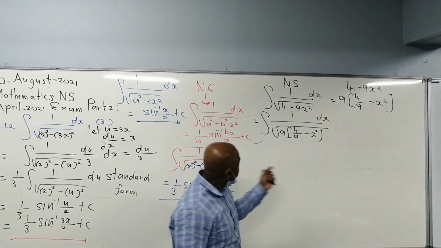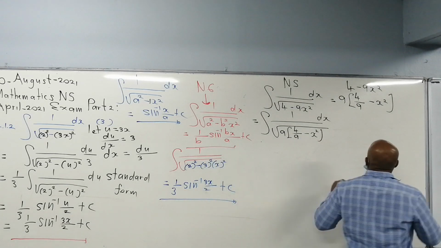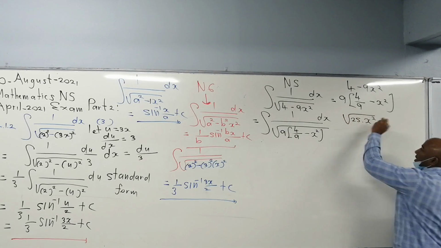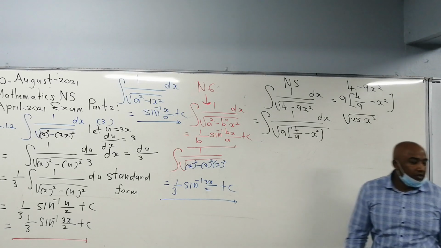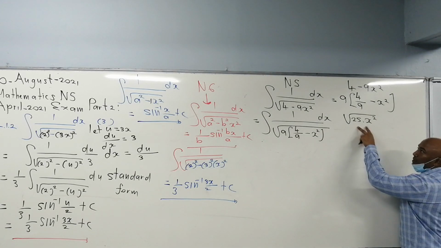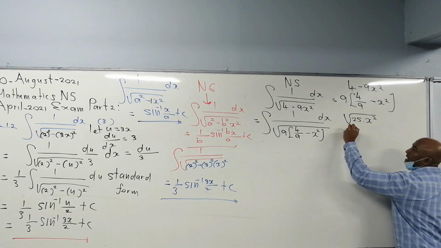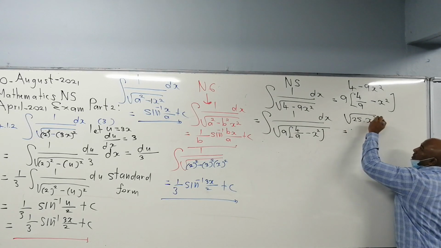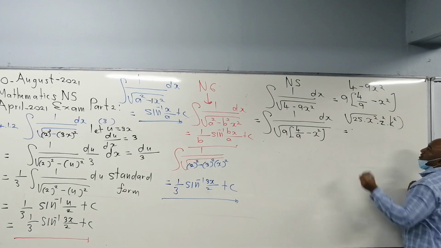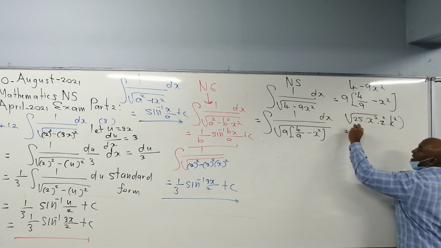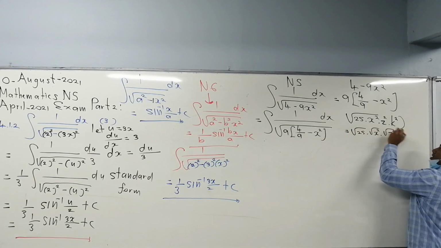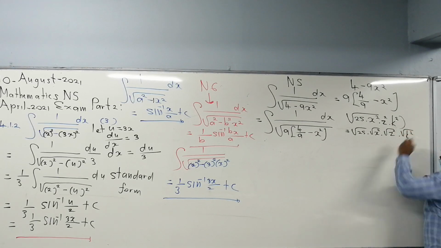Now I can go one step further. If I have the square root of 25 times x squared times z squared times k squared, we're going back to high school now, dealing with some exponent laws. If I have a square root here, this can be split up. I can write it as the square root of 25 times the square root of x squared times the square root of z squared times the square root of k squared.